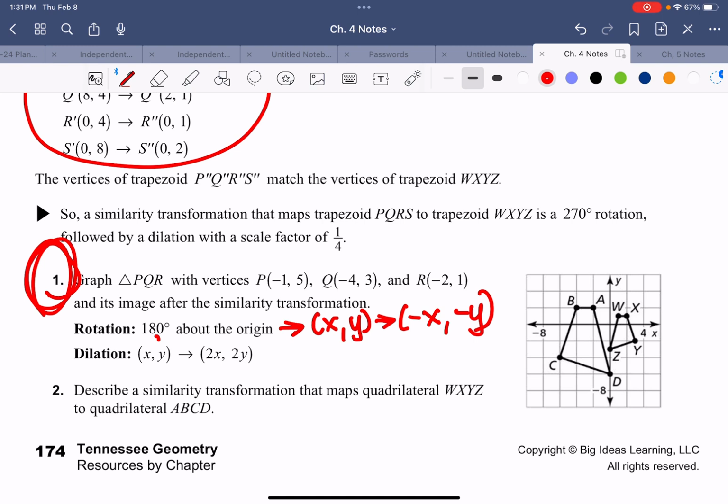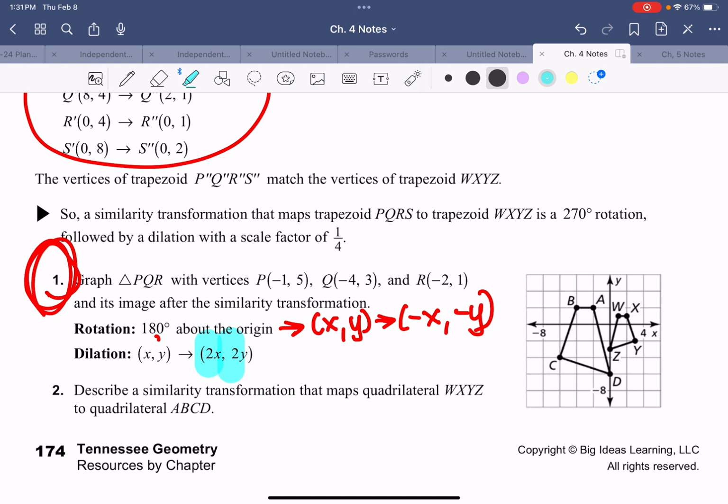So you just take each one of these coordinates, P, Q, and R, and change the sign of all of them. And so that's going to give you your 180-degree rotation. And then once you rotate it, to dilate it, take all of those new P, Q, and R coordinates and multiply each one by 2.